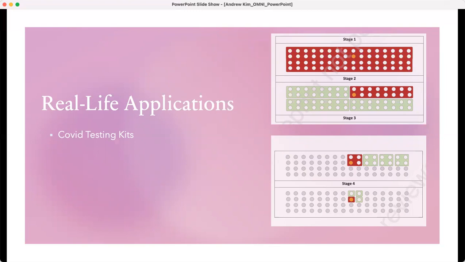As you can see here, experts identified the subproblems in this sample, divided them into multiple groups, and applied the same algorithms to find out who has contracted the coronavirus. This new model with dynamic programming has allowed many countries to minimize the total number of test kits and the number of stages.